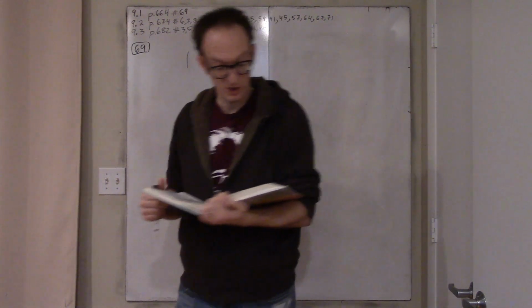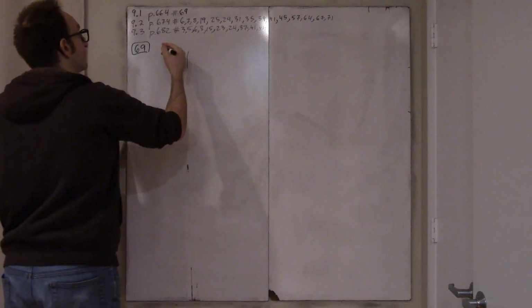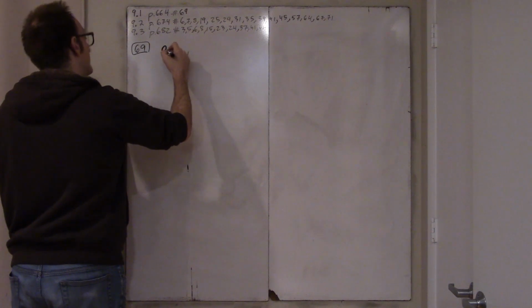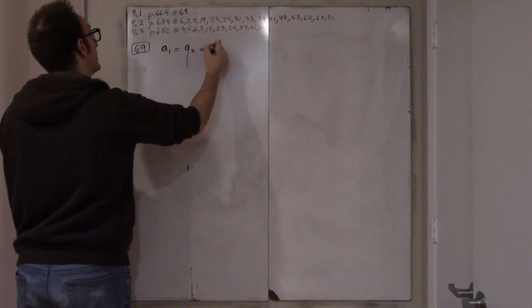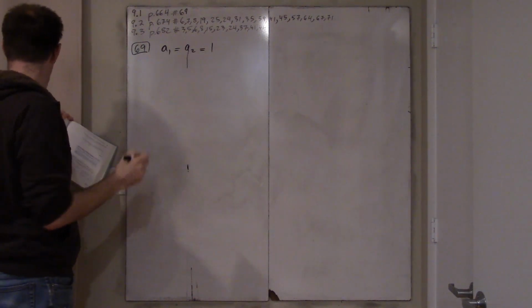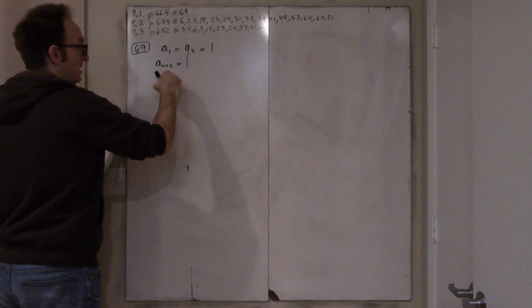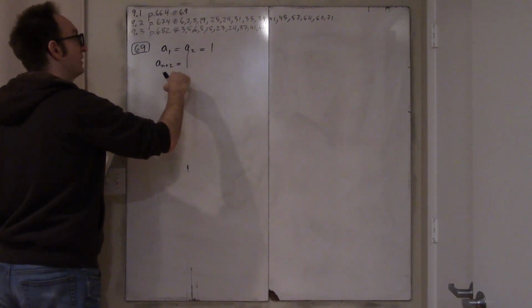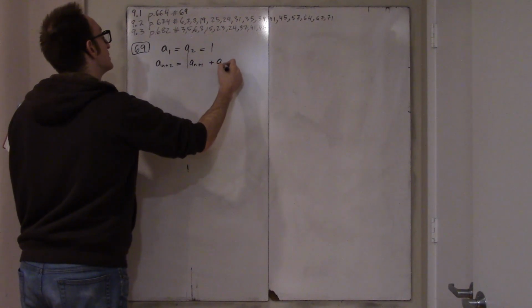So here's the definition. It's just the definition you've seen before, maybe with slightly different terminology. They tell you that the first term and the second term are 1. That's pretty normal. And then we say the term n plus 2 is just term n plus 1 plus term n.